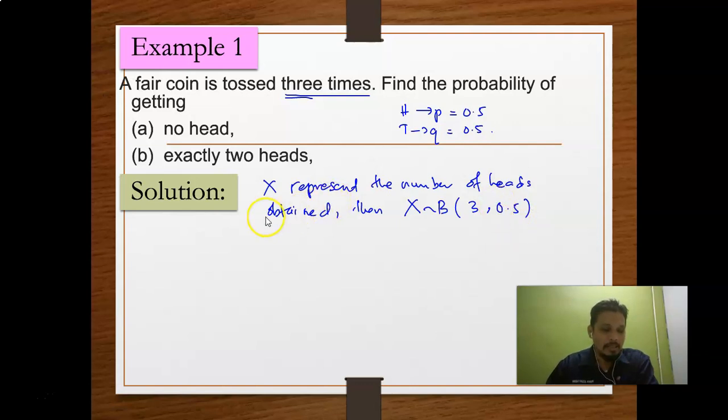So the probability of X equal to x is nCx, P to the power of x, and Q, where Q is 1 minus P, to the power of n minus x.